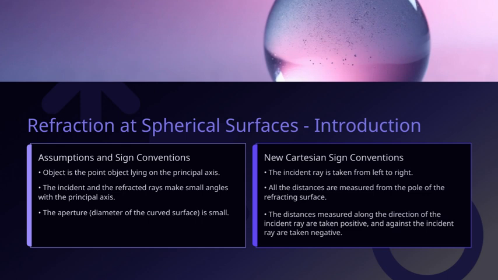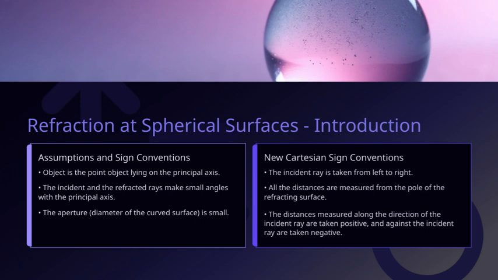Now, moving on to the new Cartesian sign conventions, we generally consider the aperture, which is the diameter of the curved surface, to be small. This assumption allows us to work with small angles and simplifies the mathematics involved. Similarly, both the incident and the refracted rays are assumed to make small angles with the principal axis.